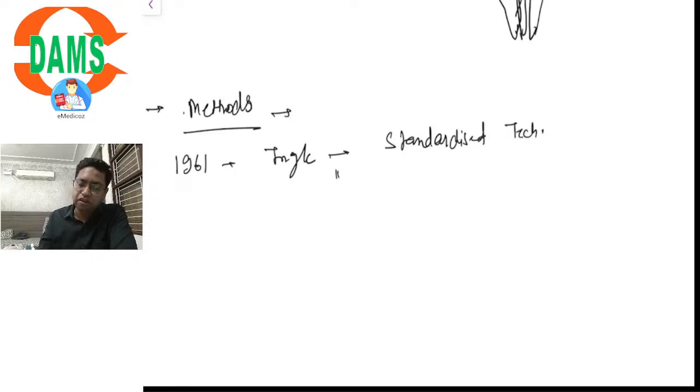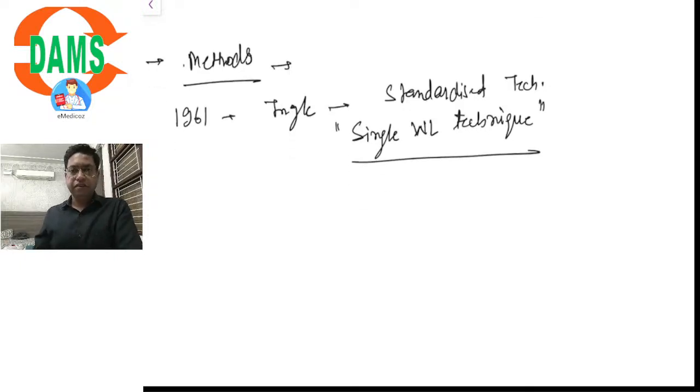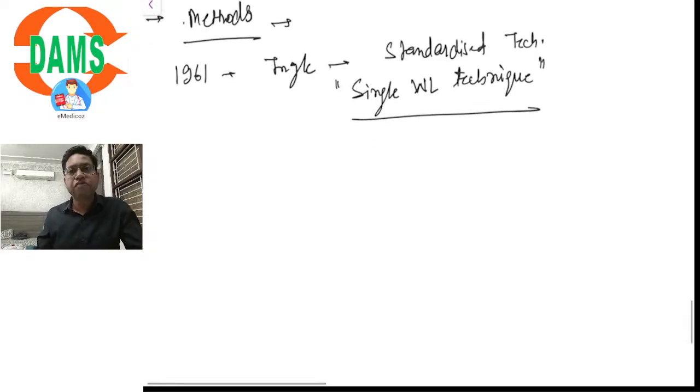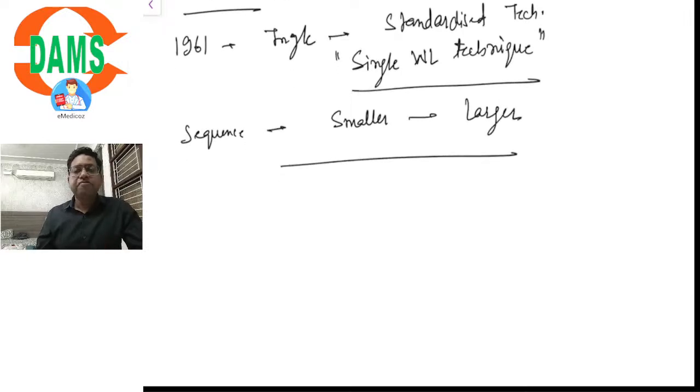This is also called the single working length technique. Why single working length technique? Because each and every instrument inserted into the root canal would be taken to the same working length. And the sequence of preparation is from smaller to larger.